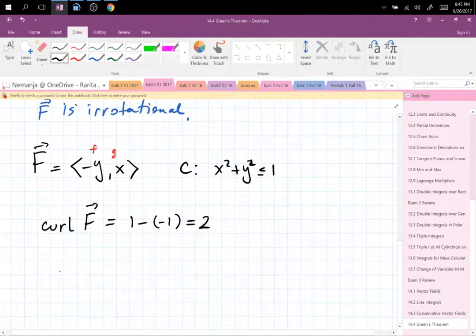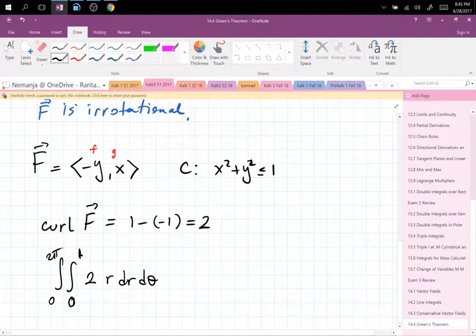So I am setting up a double integral, and I am integrating 2, and I hope you remember the string for the polar integrals, which is r dr d theta. We are using the unit circle. Radius goes from 0 to 1, and theta goes the entire circle, 0 to 2 pi.